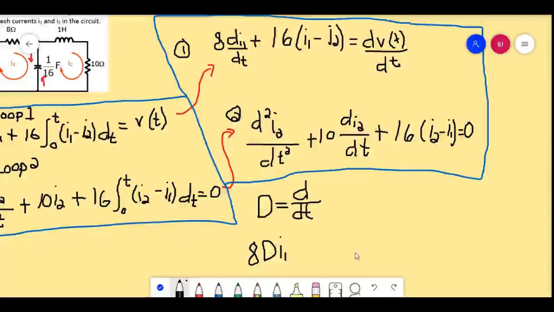And I1 is not included in that. So I1 would be here. Okay. Then we have 16I1. Let's separate that already, as it has to be separated. I should have separated this a while ago already. And this would be 16I2.